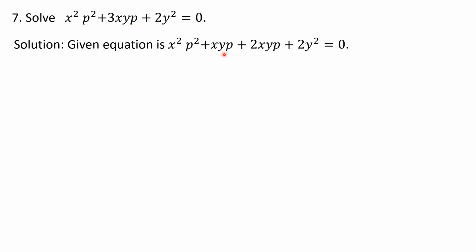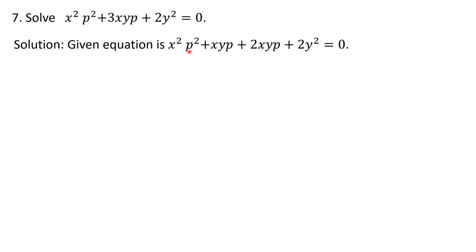So if I write this xyp plus 2xyp, the product is 2x square y square p square, and the sum is here 3xyp. So I have taken that into 4 terms.